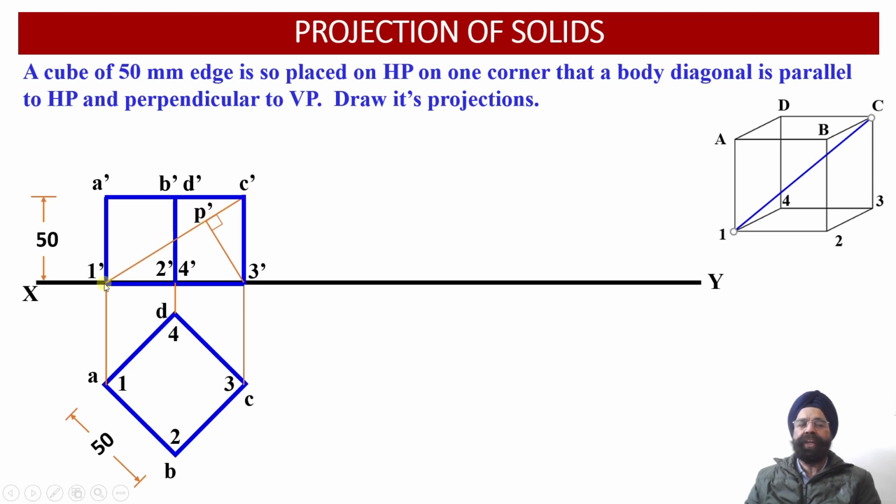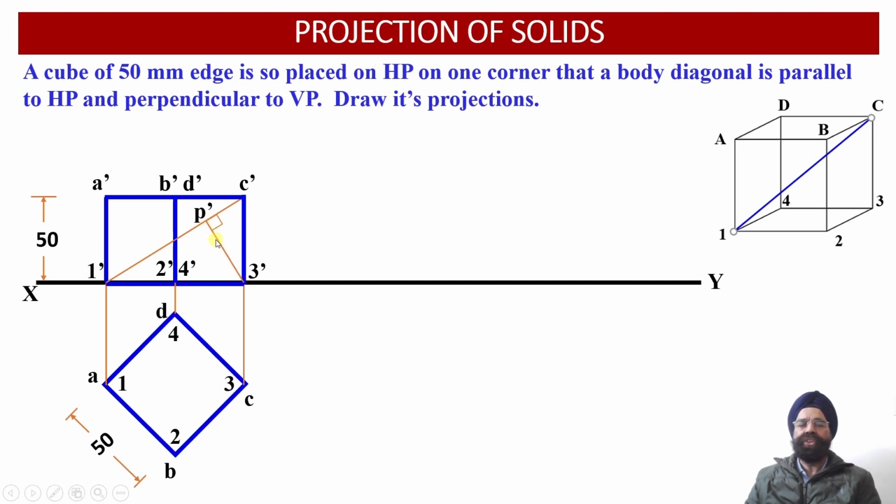Now what we are going to do is have this body diagonal parallel to the XY reference line, or parallel to the horizontal plane, at a height equal to the height 3 dash P dash.